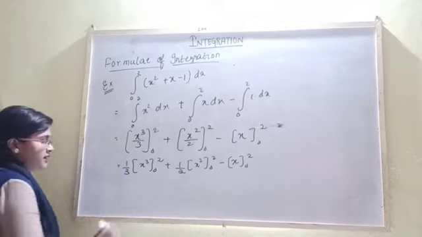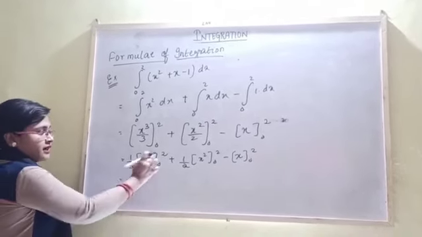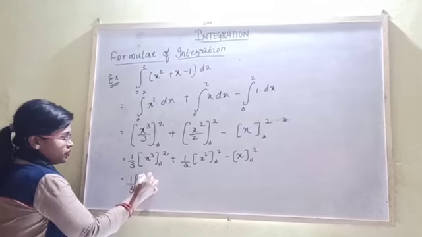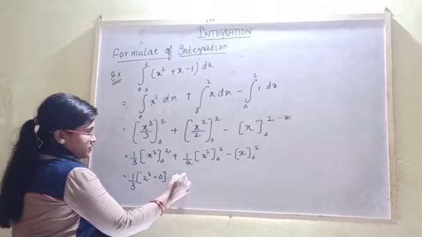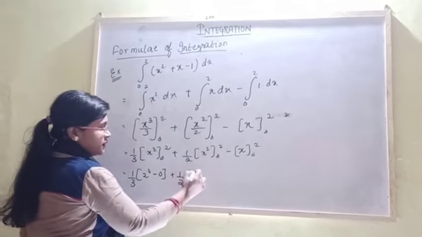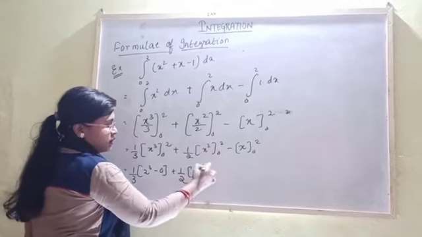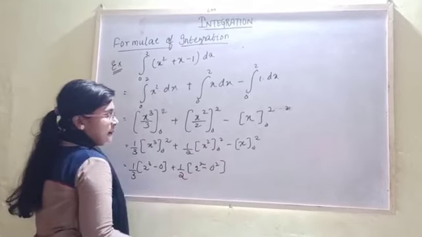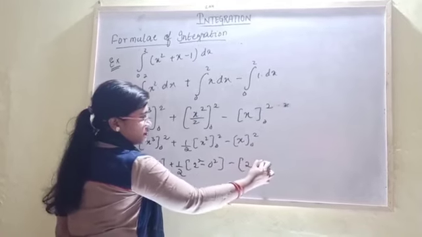Now let's put the limits. 1 by 3 x cube, put the upper limit, 2 cube minus 0, plus 1 by 2, 2 square, 2 is the upper limit, 2 square minus lower limit 0 square, minus upper limit 2 minus 0.